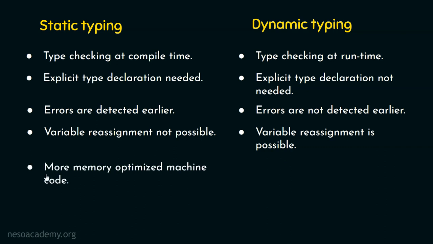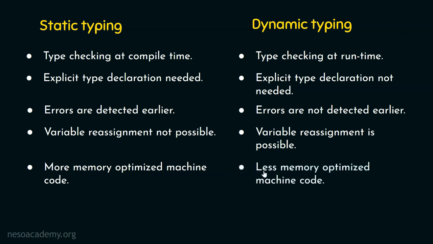And finally, in static typing, a more memory optimized machine code is produced. Since we define the type of the data that is needed in the program beforehand, the computer is in a better position to calculate the required memory by the program and thus comes up with a more memory optimized machine code in the case of static typing.